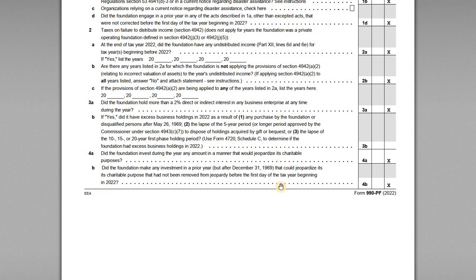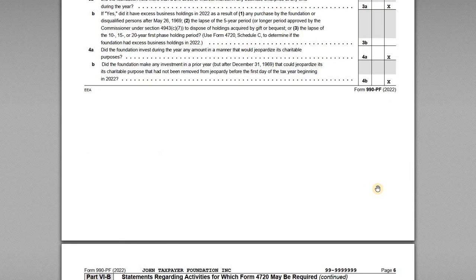Always think of excess business holdings as foundations buying closely held stock, where the substantial contributor, the disqualified person, is also a shareholder. That's where you could have those kinds of issues. But in our case, the foundation only invested in publicly traded stocks, so there weren't any issues there.